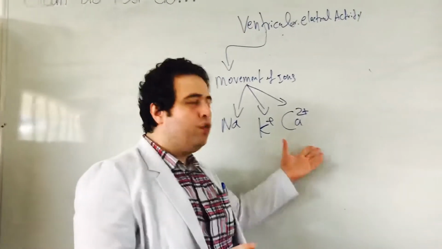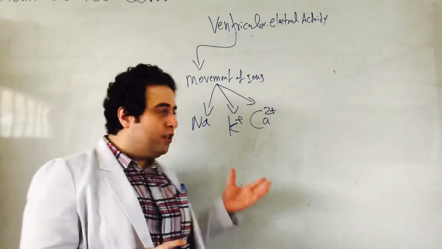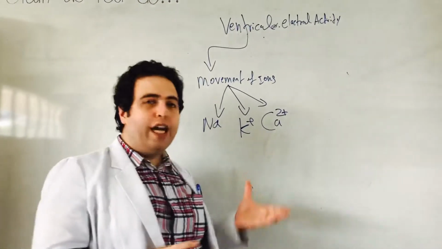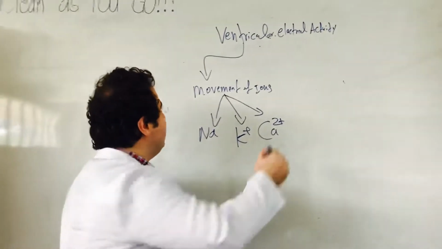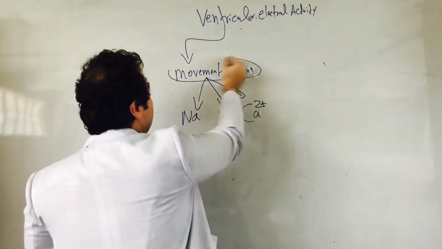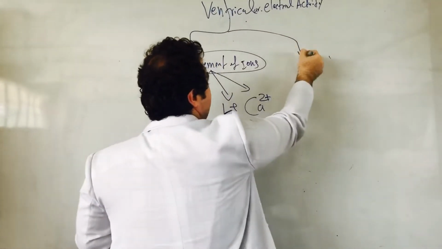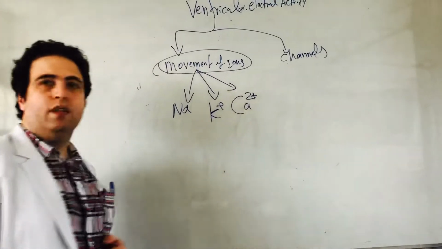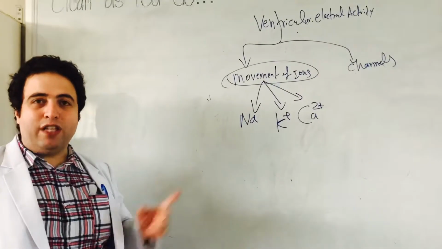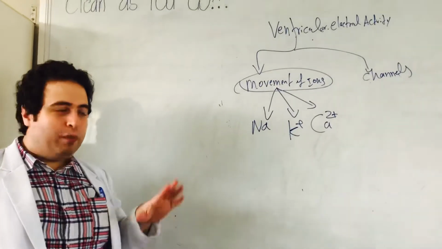How will these ions move? In order for these ions to move, I need to have a channel, right? So let me write it here. The first is movement of ions. Another pathway is that I need to have channels. What are those channels? I will just make it the big picture.